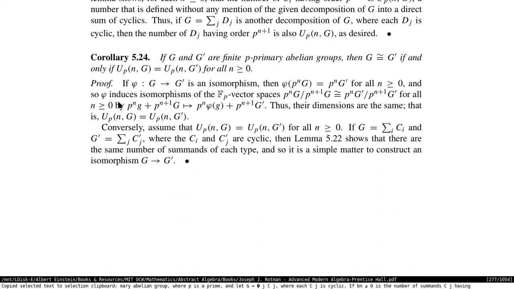That gets mapped to p^n times phi of g, the image of g, plus the other normal subgroup p^(n+1) G prime. So this is the coset. You go from one coset to another and that's an isomorphism. The dimensions are going to be the same because they're isomorphic as vector spaces, right? So that means your UPs are going to be the same.